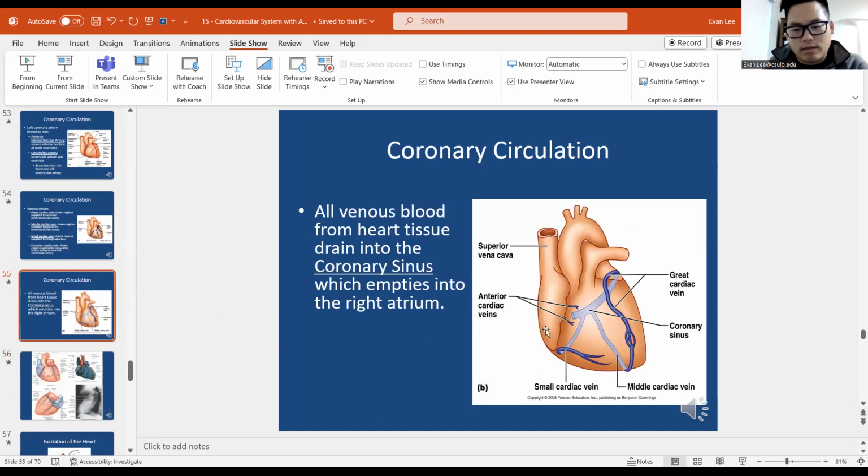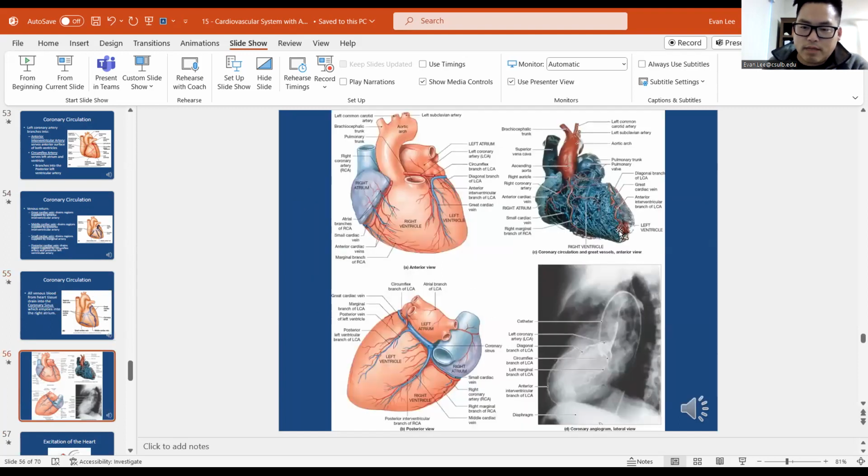But just to recall, you have the coronary sinus in the back where all of your veins go to, which finally leads to the right atrium so that you can return that blood to your normal blood circulation. And just as a reminder, really important, do you see all these blood vessels? We talked about the big ones, but wherever you have exchange, you have small blood vessels allowing for that exchange.